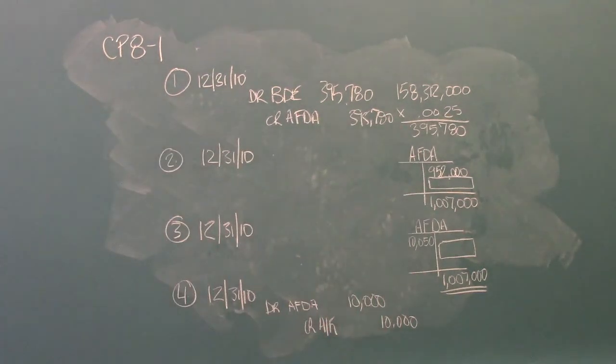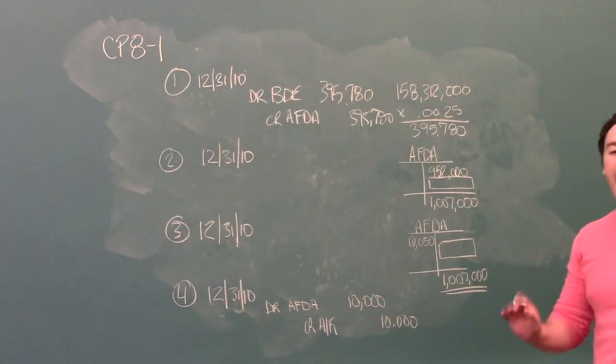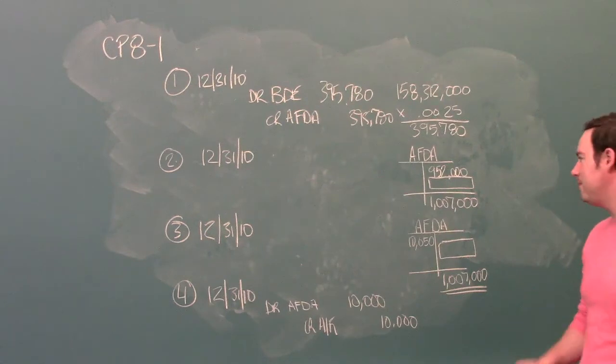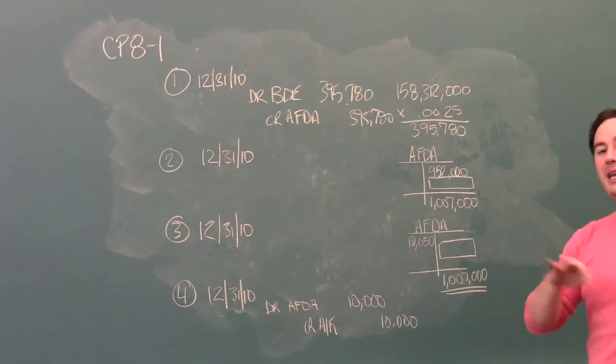Okay, part 2. Part 2 says, assume instead that Cross uses the aging of accounts receivable method and estimates that the 1,007,000 of accounts receivable will be uncollectible. Prepare the adjusting journal entry required at December 31st, 2010 for recording the bad debt expense. All right, in this instance, when we're using the aging method, we have to back into the adjustment. The beginning information gives you some account balances.